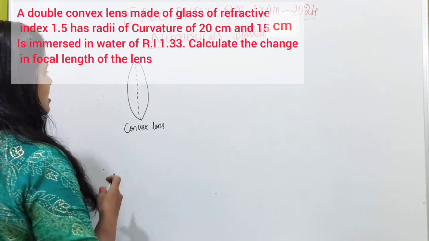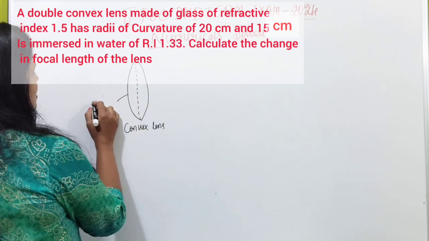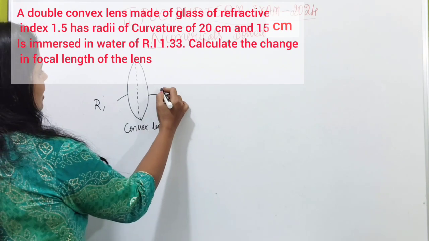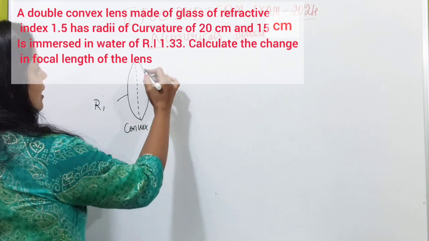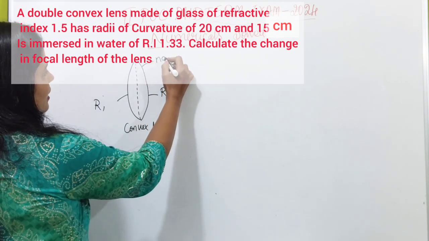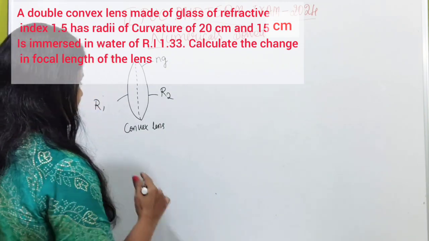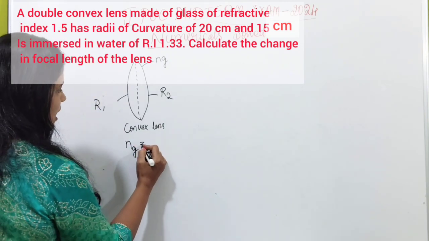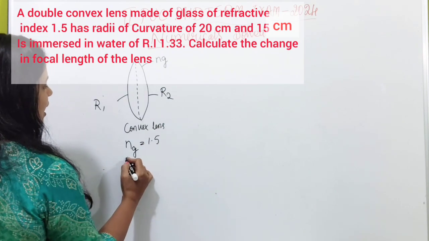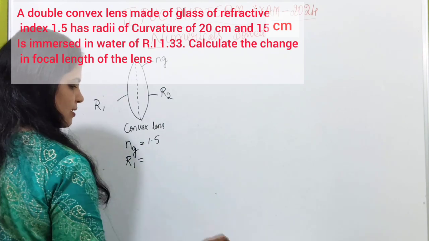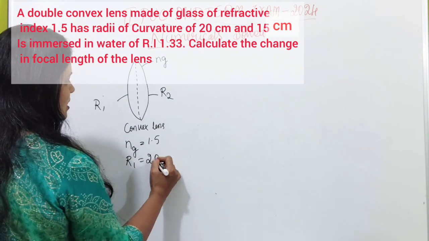One surface has radius R1, another has radius R2, and the refractive index of the glass, let it be Ng. Here what is given? Ng is 1.5 and R1 is 20 centimeter, which is plus.